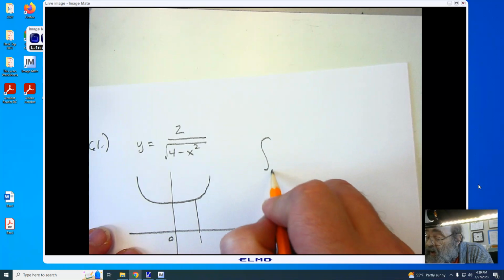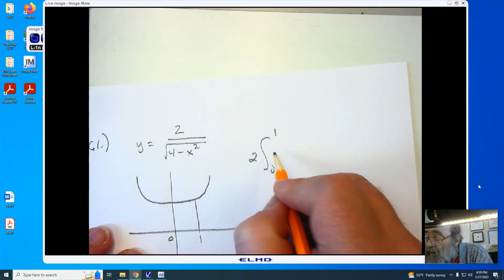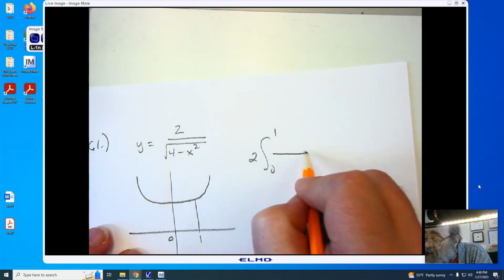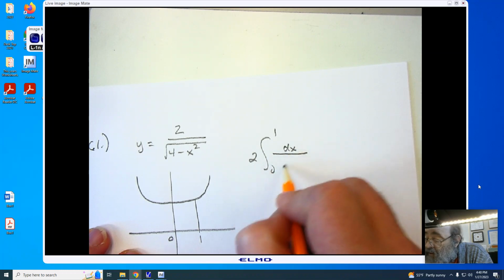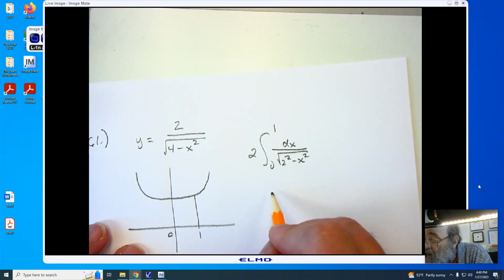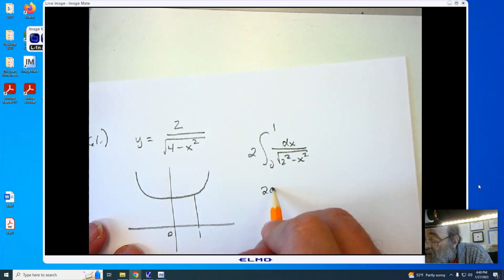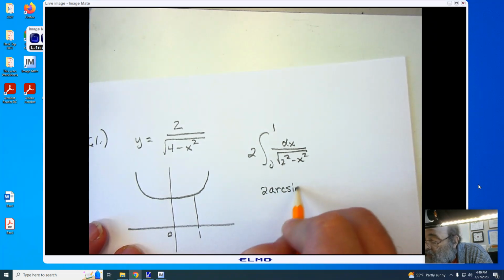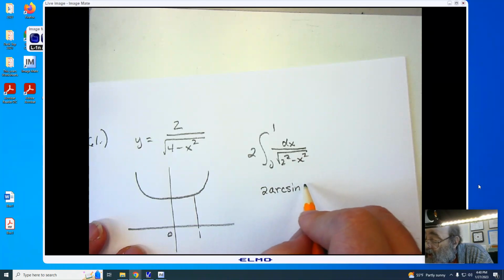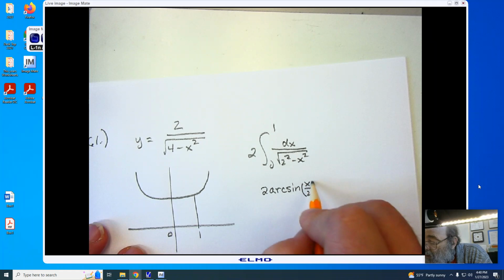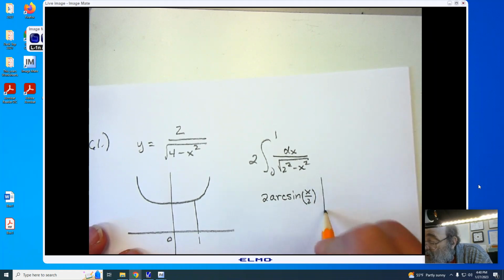So I'm looking at 0 to 1, 2 dx over the square root of 2 squared minus x squared. This is giving me my 2 arcsine of x over 2, and this is going from 0 to 1.